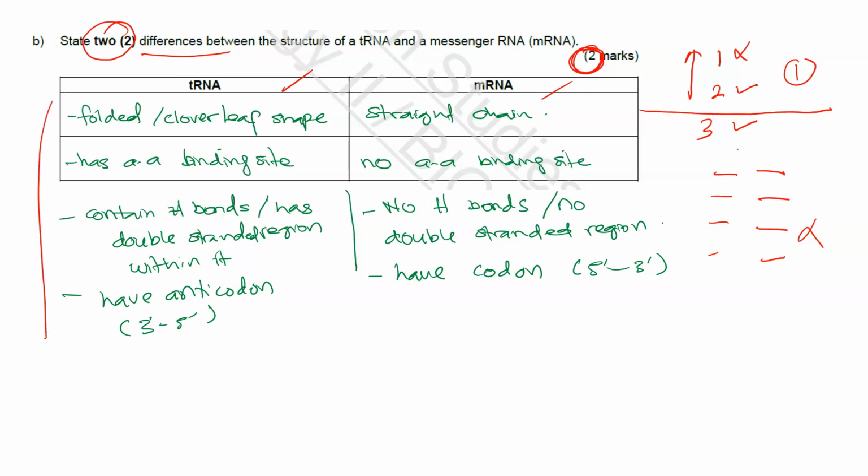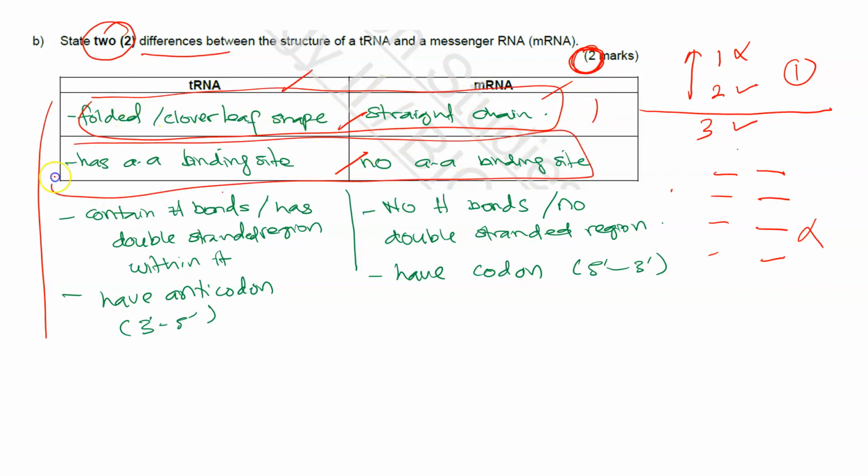Okay, so ini just a note lah kan. So you can any of this point you can get 2 marks. Okay, satu perbezaan yang betul, 1 markah. Okay, satu perbezaan yang betul, 1 markah. Okay, so dia mesti tally. Jadi kalau describe shape, clover leaf shape untuk tRNA, tapi tiba-tiba kat sini awak cakap apa? Tak ada amino acid binding site. So you are not comparing apple to apple.